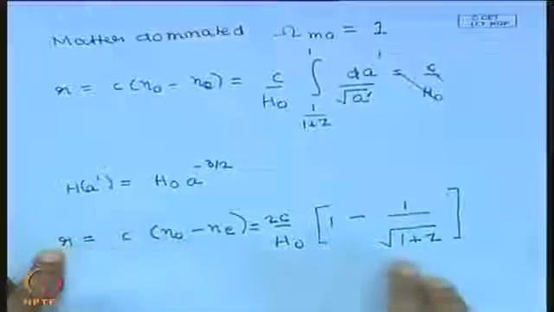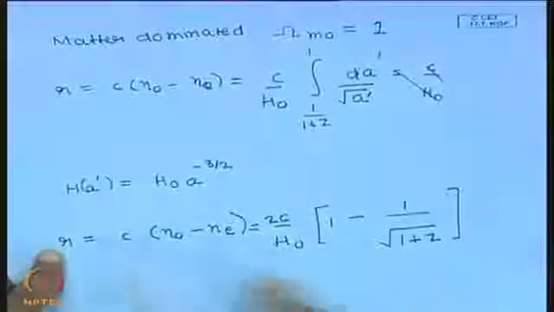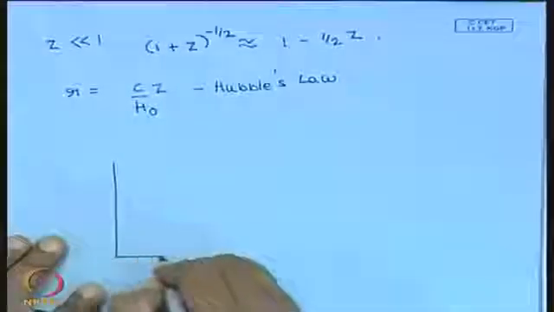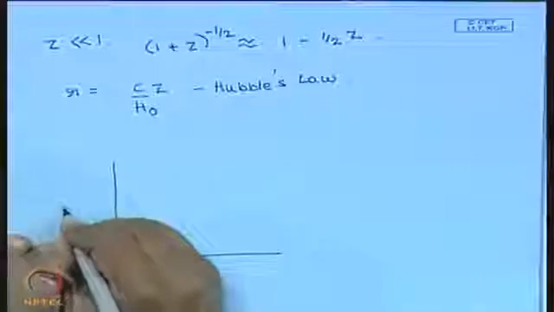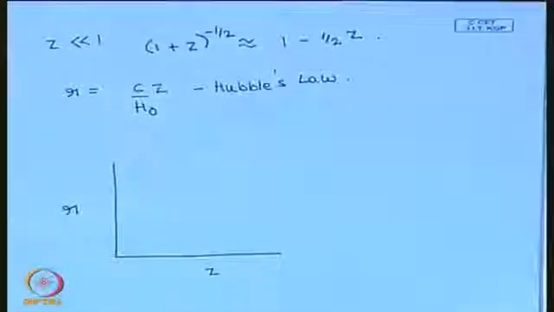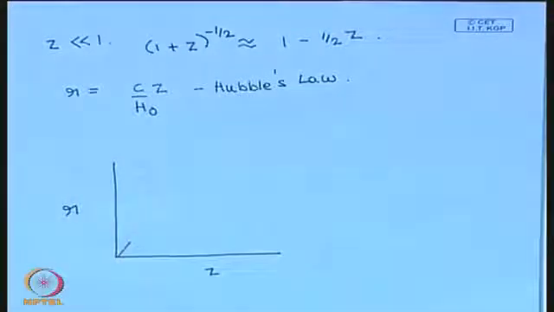So let us plot this now and try to see what happens at higher redshifts. Initially the graph between the comoving distance r and the redshift z is linear, as predicted by Hubble's law, when z is much less than 1.